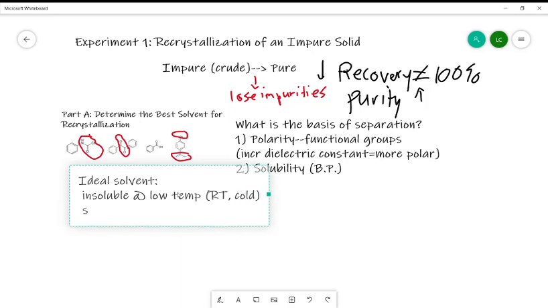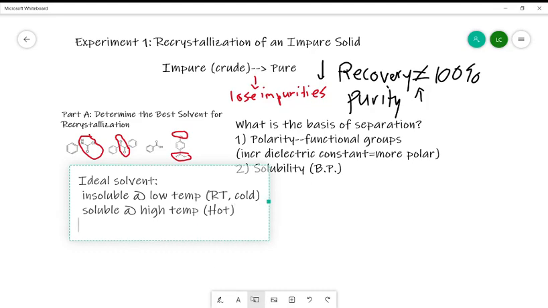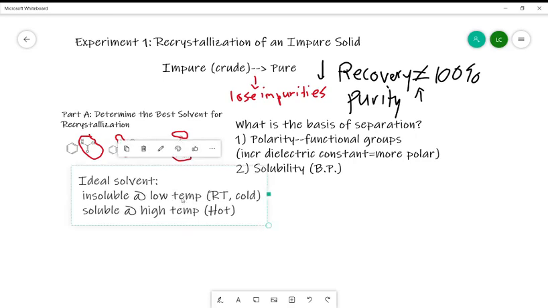And then you want it soluble at high temperatures. So hot, basically hot. So you want higher solubility at high temperatures and low solubility at low temperatures.